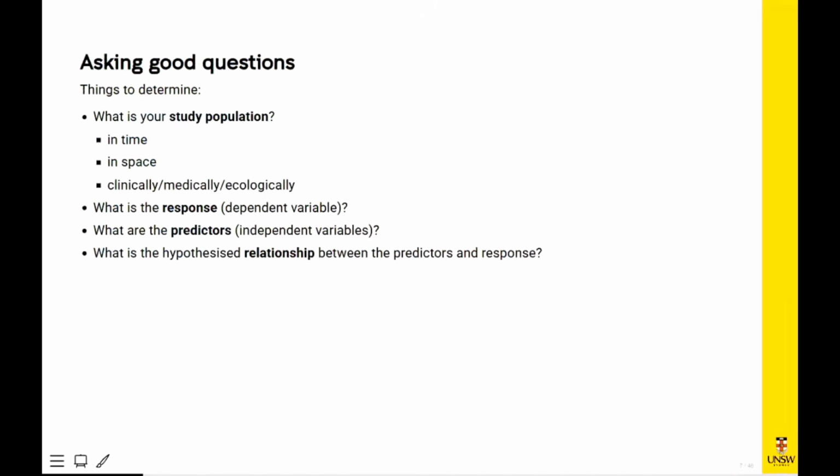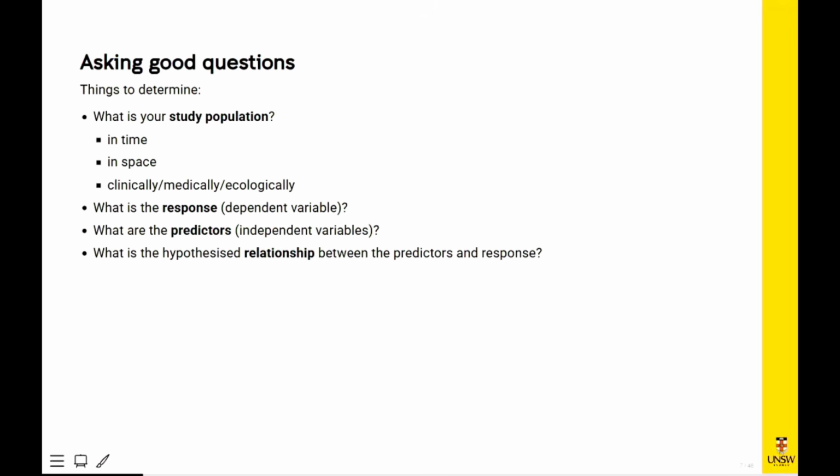When you are asking good questions, there are some things to think about. First of all, what is your study population? That requires you to think about identifying that population in time. Are you doing a case records audit, and what time period are those records coming from? The last 10 years, the last 25 years?